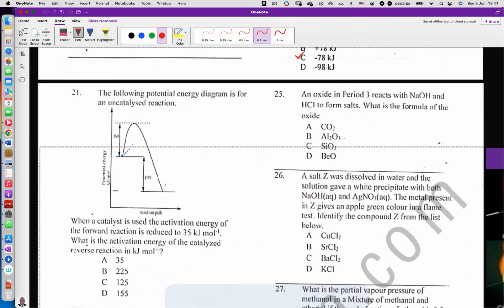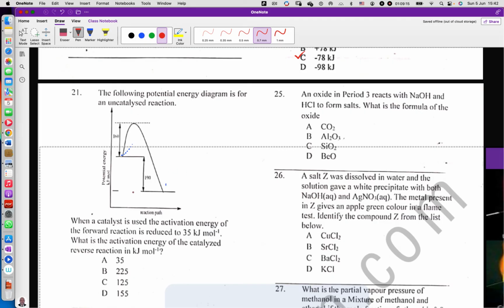What is the activation energy of the catalyzed reverse reaction in kilojoules?